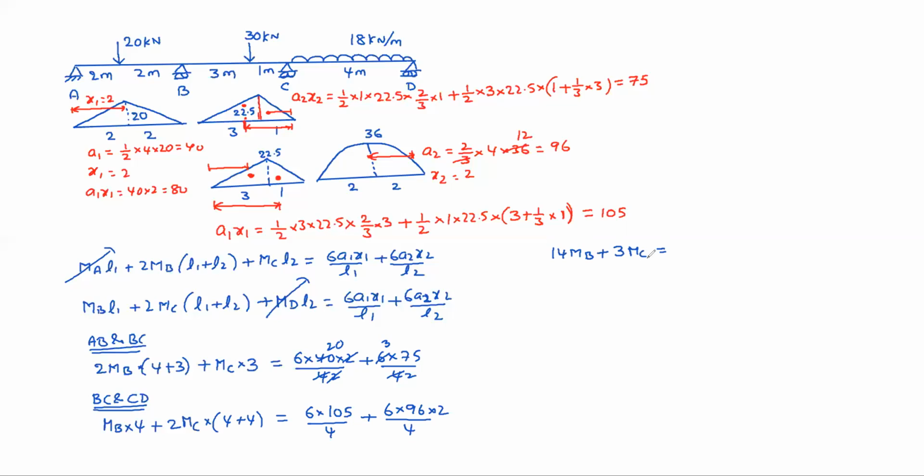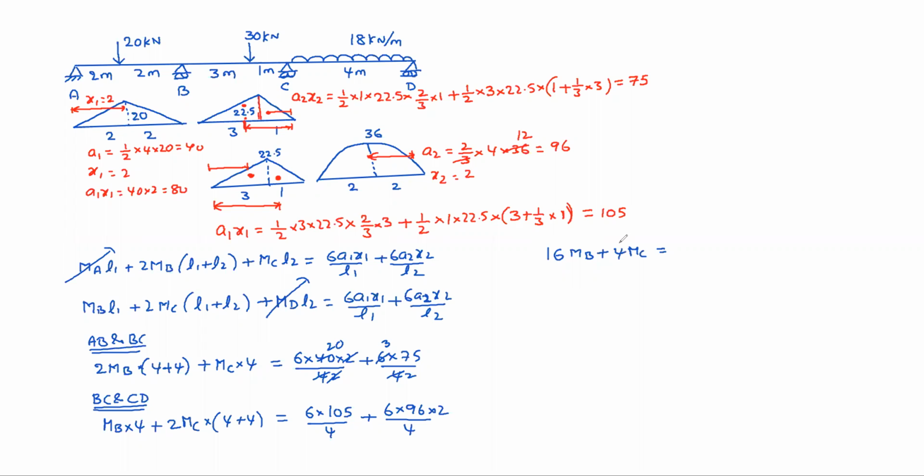For the AB and BC span, L1 plus L2 is 4 plus 3, and L2 is 4 for the next one, so 4 plus 4, 16. Then MC also 4MC.